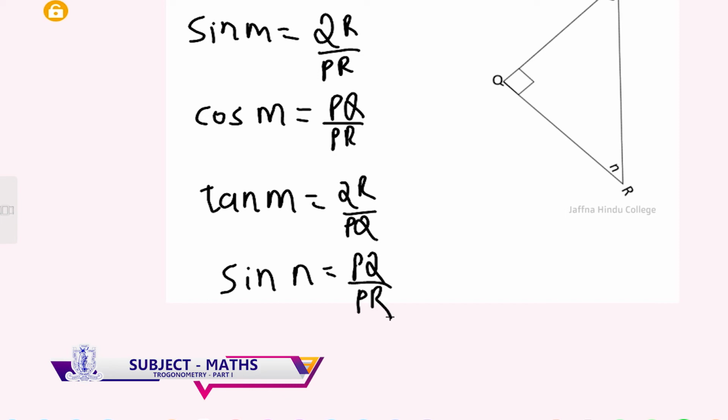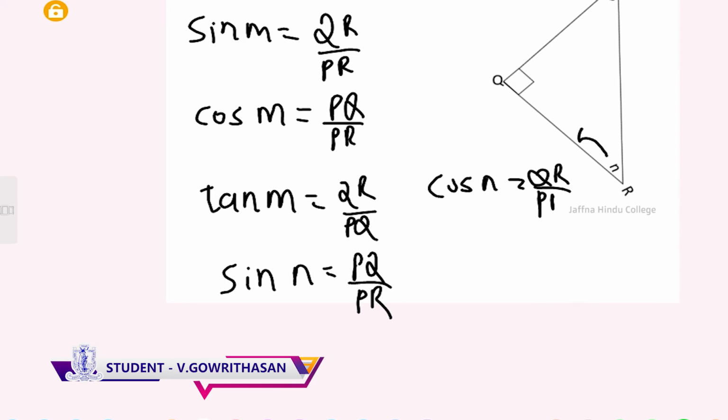Cos N is adjacent side by hypotenuse: adjacent side QR and the hypotenuse PR.